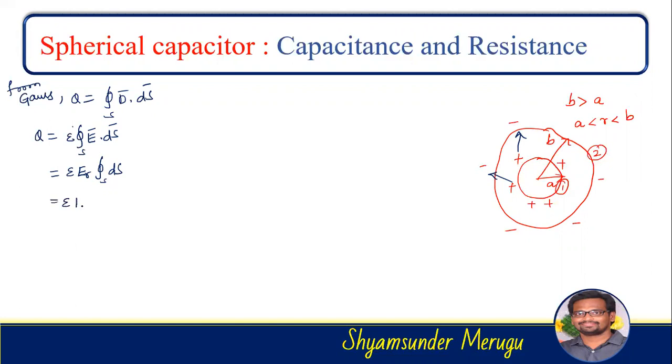So here epsilon, then E_R, then the surface integral of dS gives the surface area of that sphere. So we write that one as 4 pi r square. So here we get the expression for E_R as Q by 4 pi epsilon r square. And writing this in the form of a vector, we can write E bar equal to Q by 4 pi epsilon r square a_R bar.